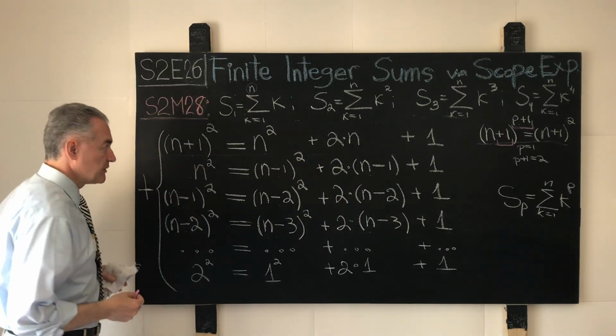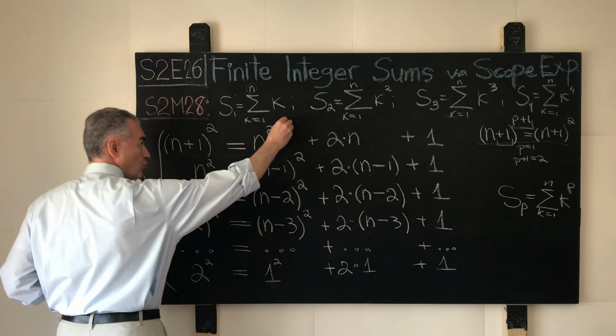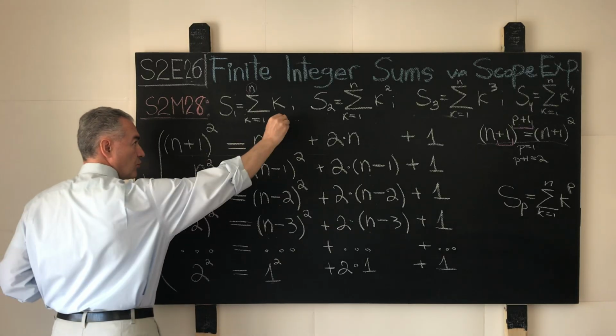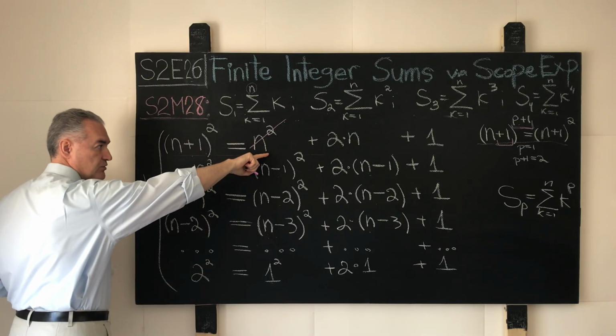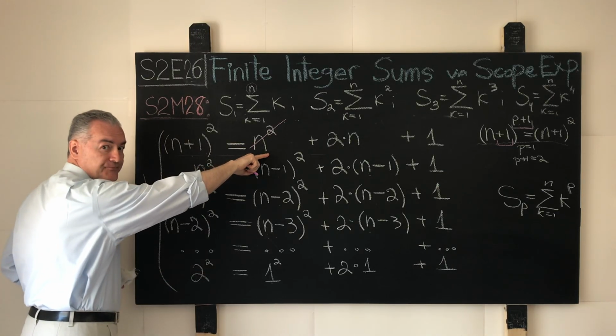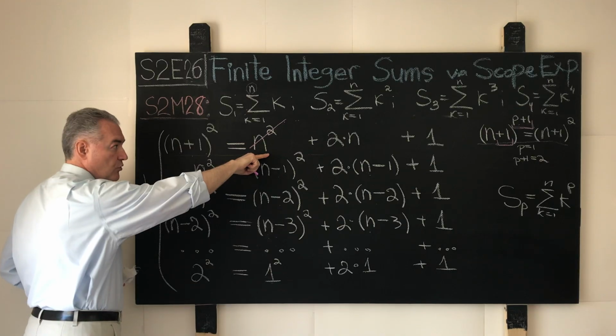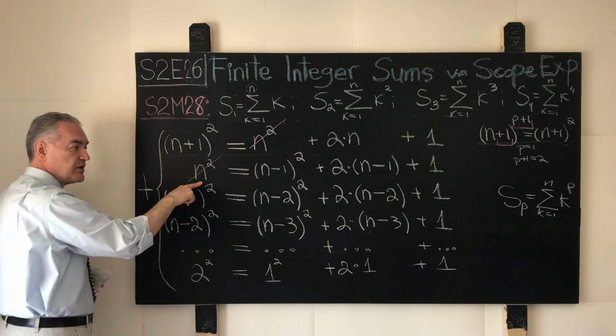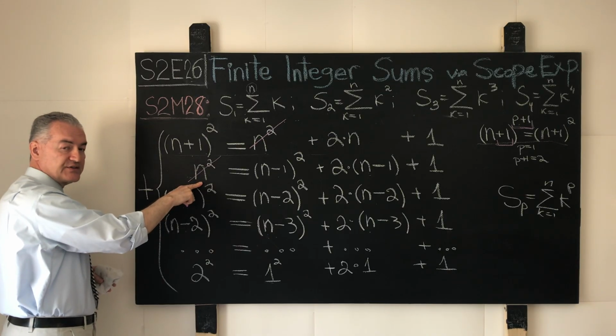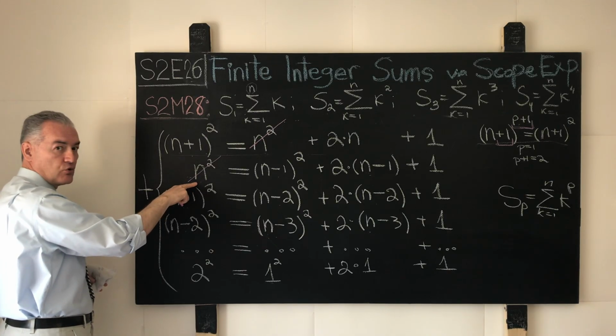And what does that mean? That means that again, northeast to southwest, we do all sorts of wonderful cancellations. In other words, n squared on the right hand side in the northeastern corner over here will get canceled with the n squared on the left hand side of the equal sign that sits in the southwestern corner over here.